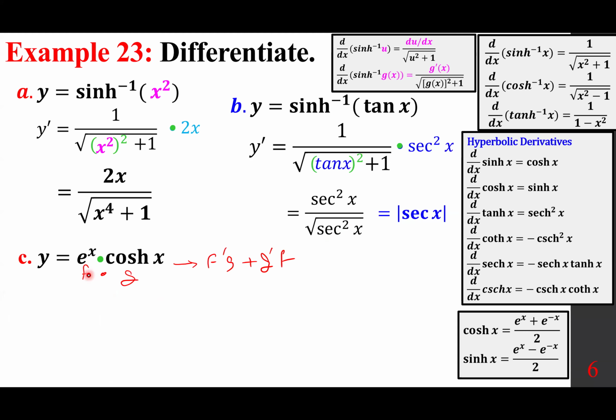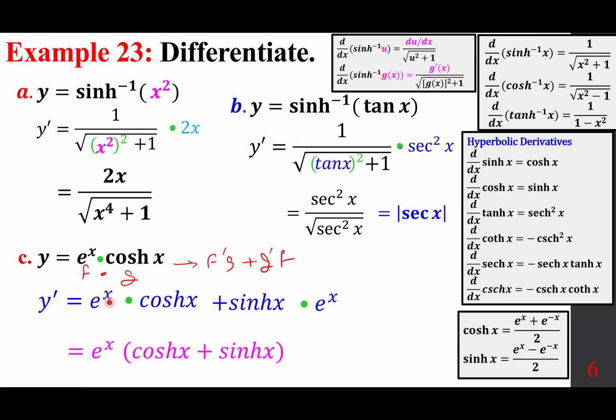So f prime, e to the power of x is itself, times g, cos x. And our g prime, the derivative of cos is sinh x, times f, e to the power of x. And I'm going to take the common factor of e to the power of x out. And I get this one.